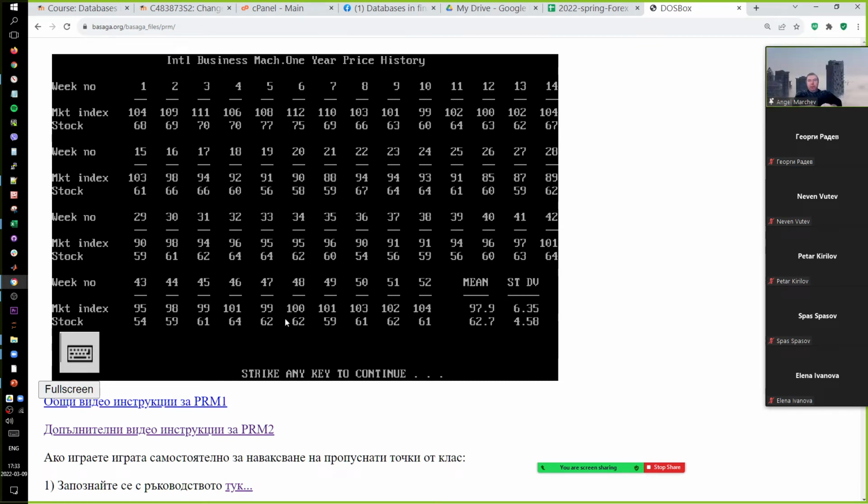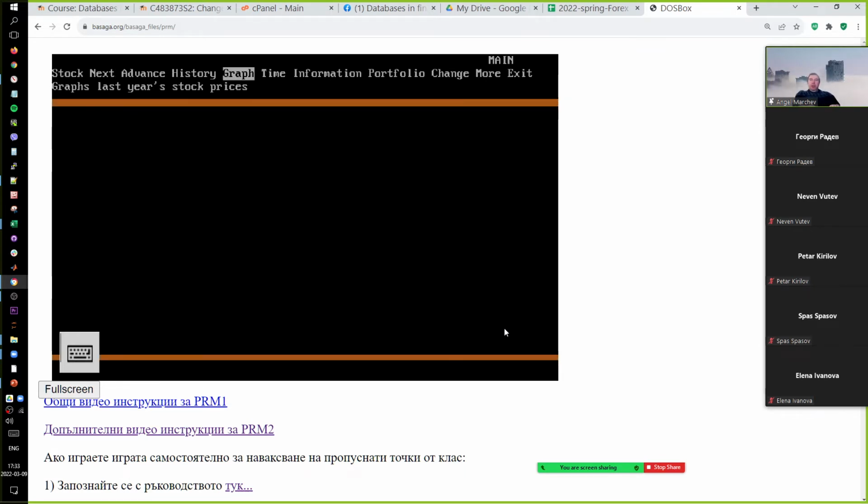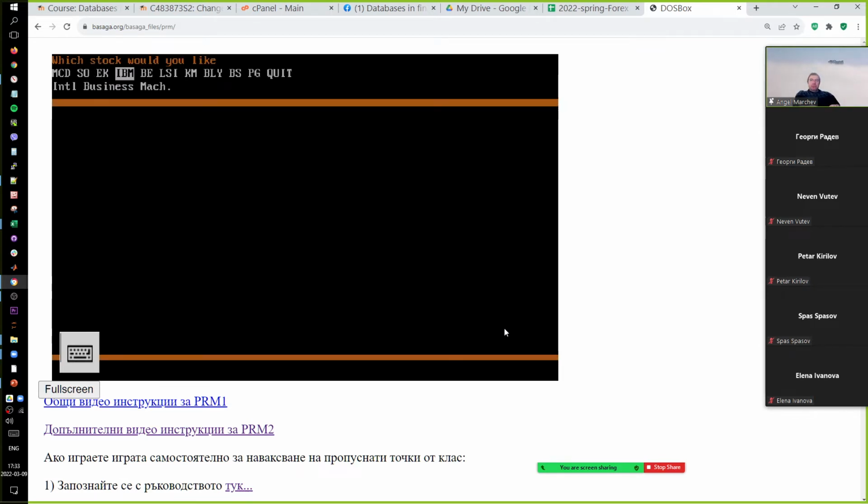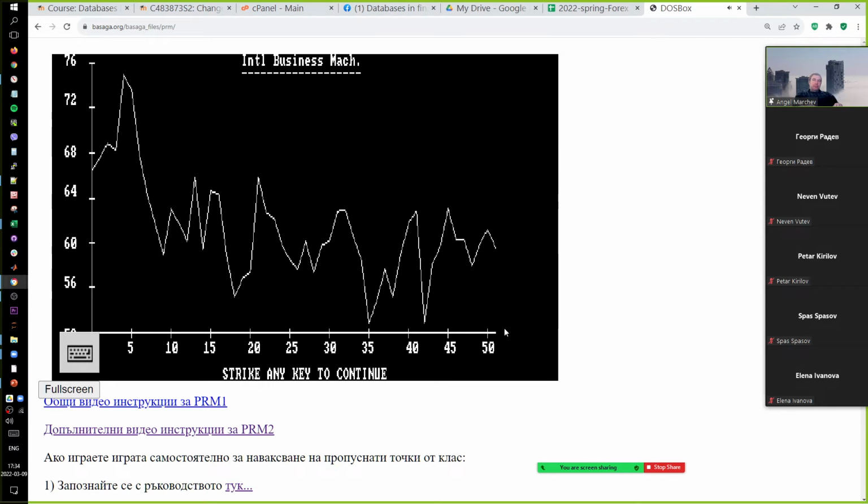Anyways, this is the information which we can see here, but this information is kind of unuseful, to put it that way, unless we look at these two numbers. We are going to see the same information in graphical form here. So this is the chart of IBM, the International Business Machines, and you can see how the prices were moving in the previous 52 weeks.